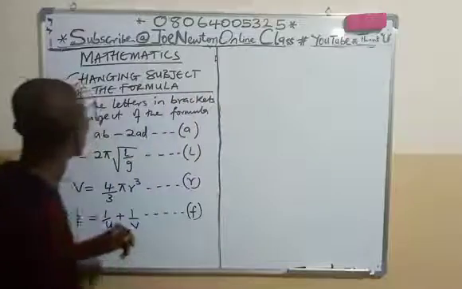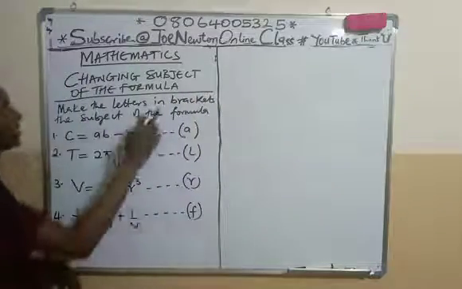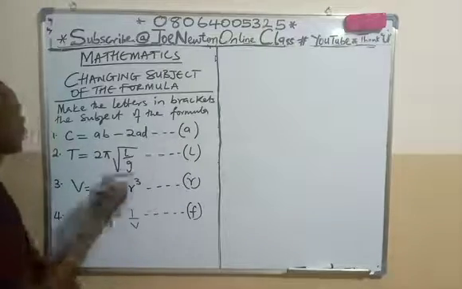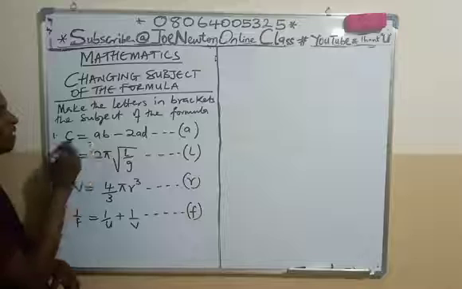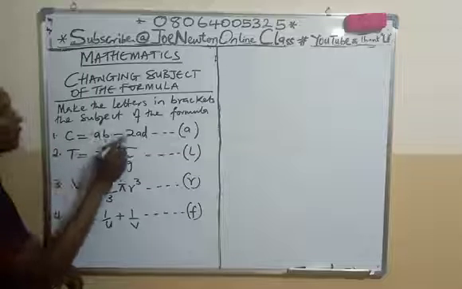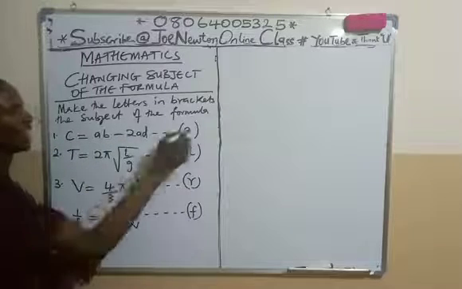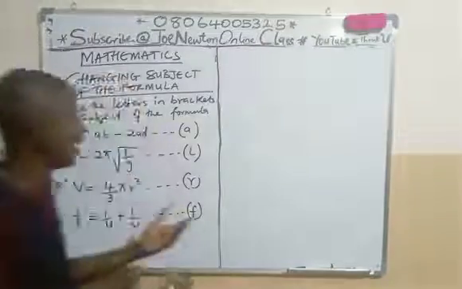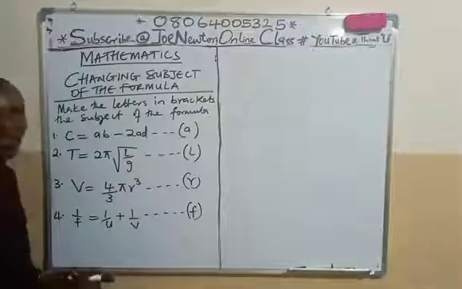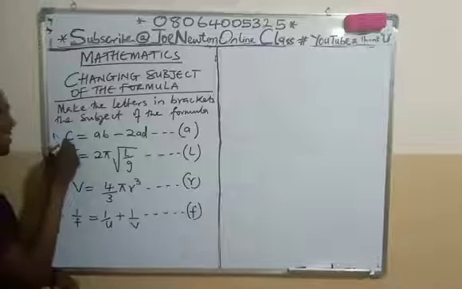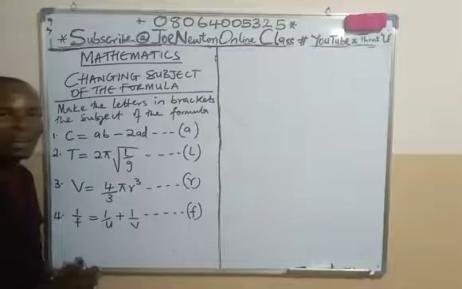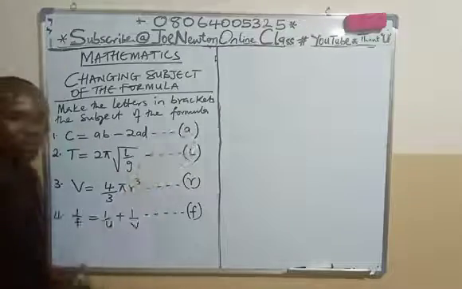Number one, we are asked to make the letters in the brackets the subject of the formula. The first question has C is equal to AB minus 2AD, where A is expected to be made subject of the formula. In this mathematical expression, the letter C here is already the subject of the formula, but we are now expected to make A the subject of the formula.